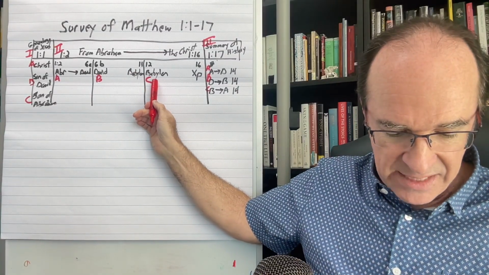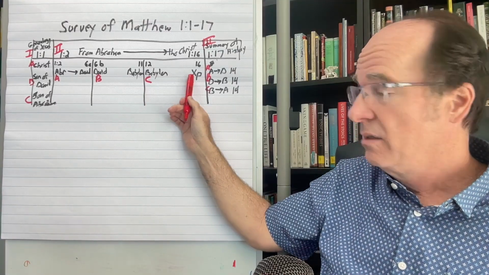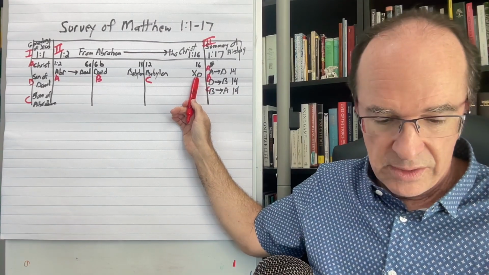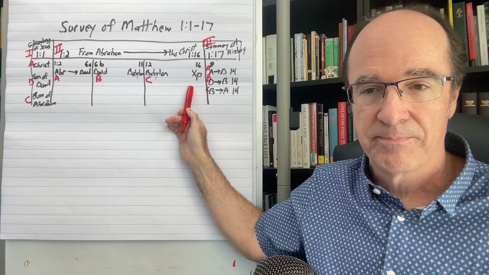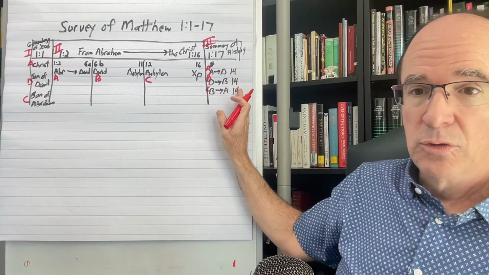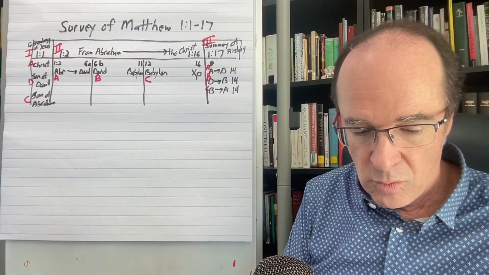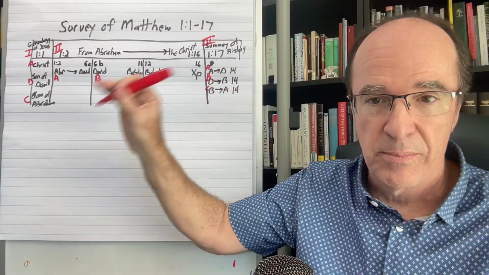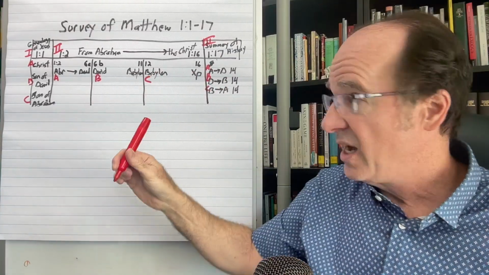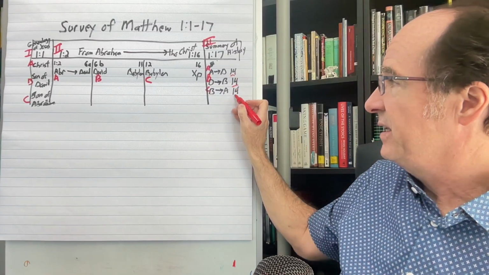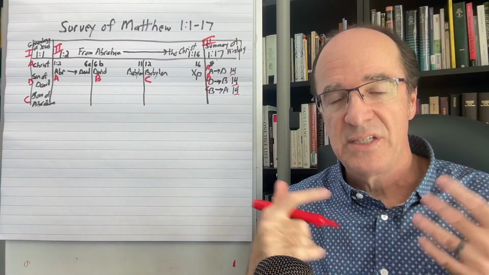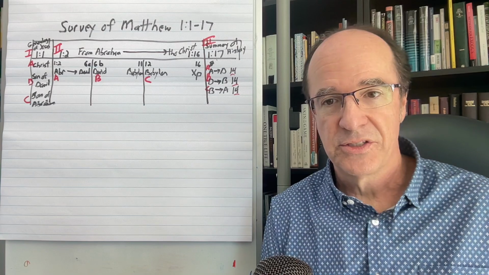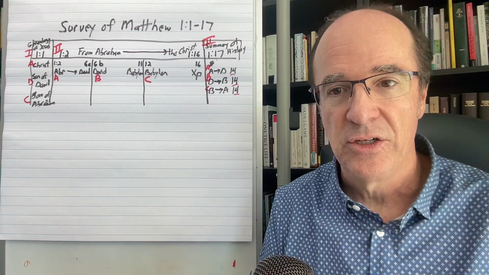And then the last element is from Babylon all the way to the birth of Jesus, who is called the Messiah or the Christ. And then we have the concluding verse 17, which, again, same pattern, has Abraham to David, David to Babylon, Babylon to the Messiah, and uses the number 14 in each place. So that seems to be a fairly straightforward way of breaking this material into three main units.